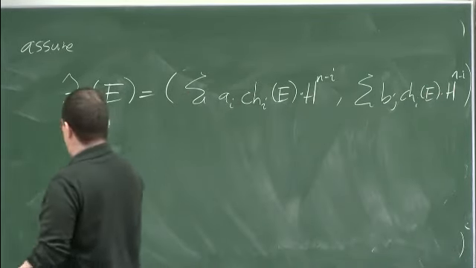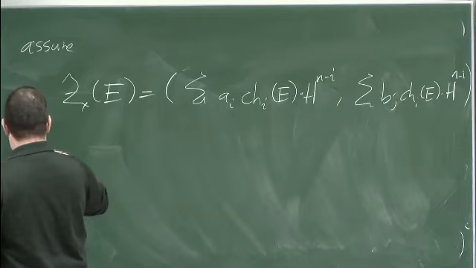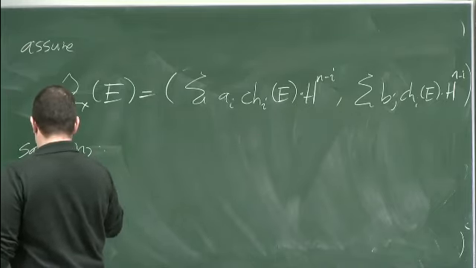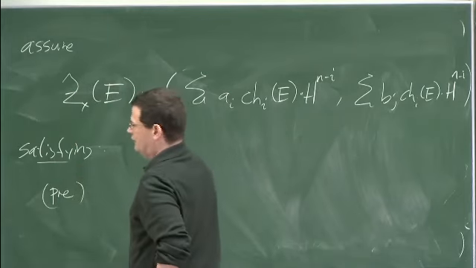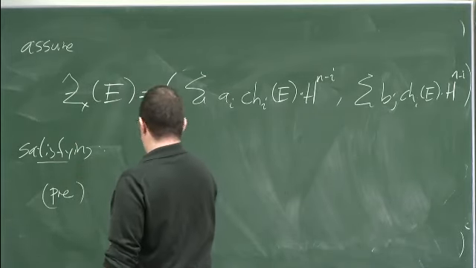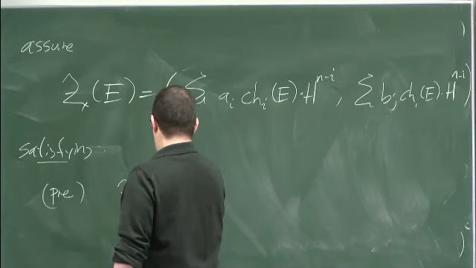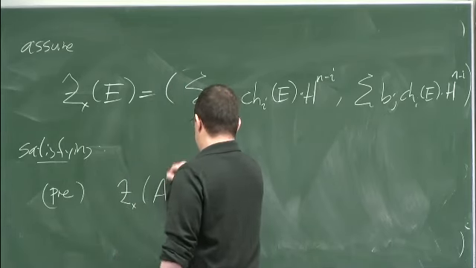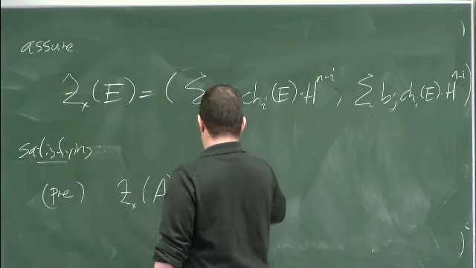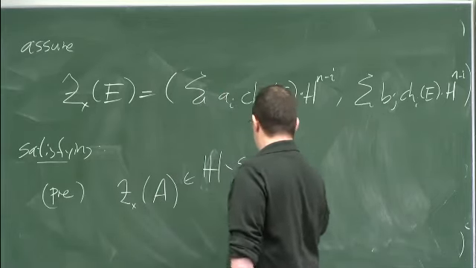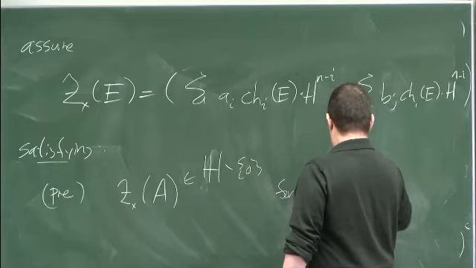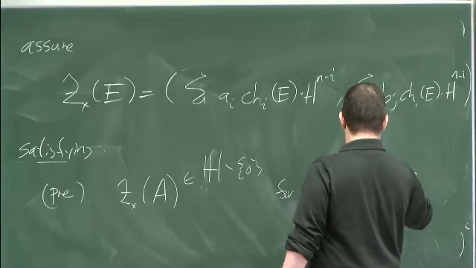And of course, they have to satisfy a precondition for stability, which says that Z_X of A should be in this upper half plane minus 0, for all objects in A minus 0.